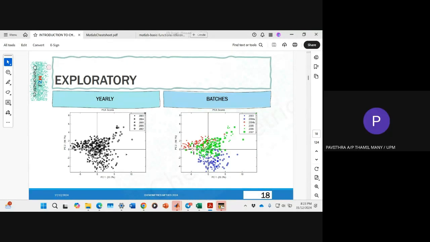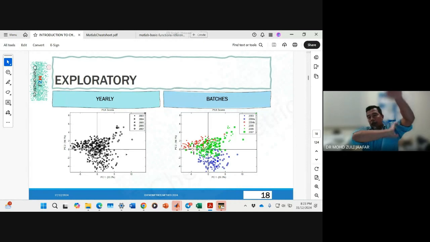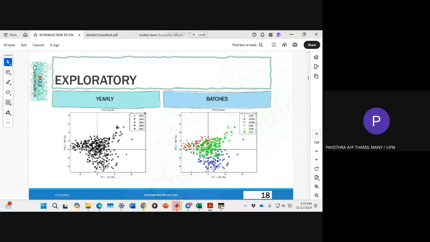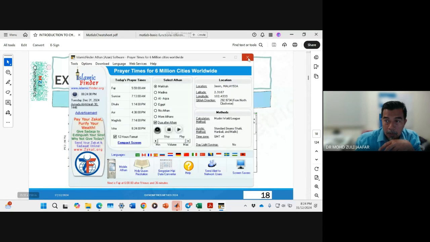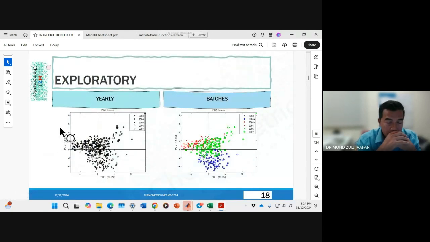Doctor, I'm not quite understanding how the batches are giving a different output. Okay. Certain number of samples that you want to analyze are subject to radioactive decay. Maybe you can collect a sample in 2003 and 2004.